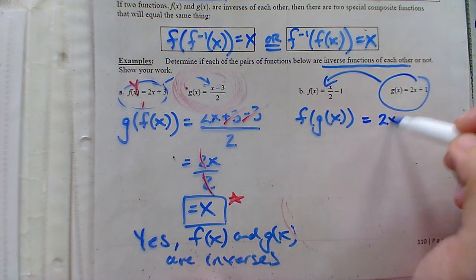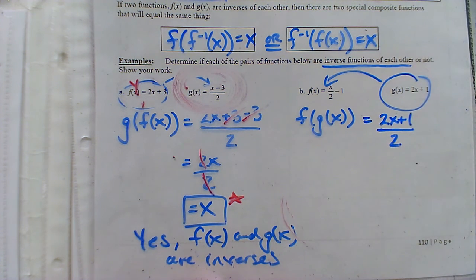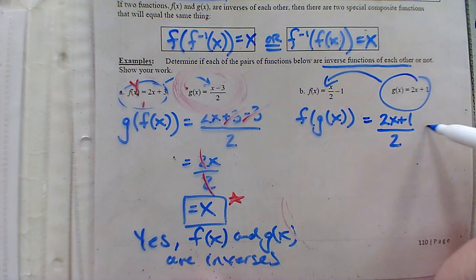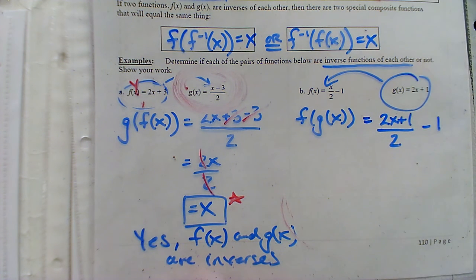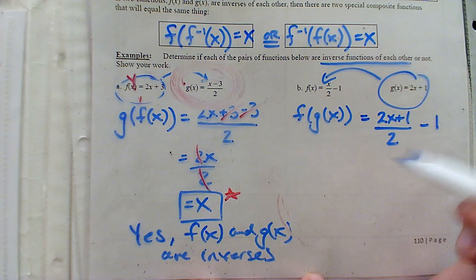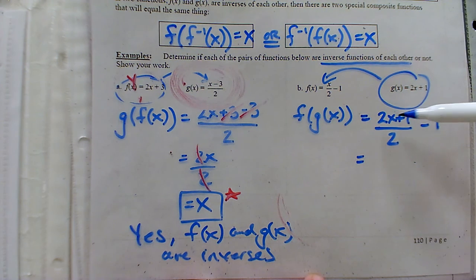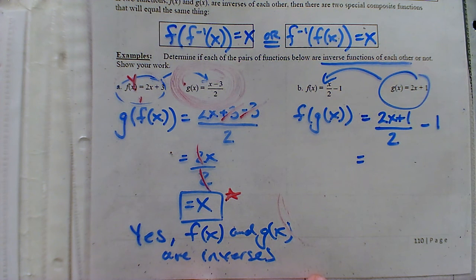So we would have 2x plus 1 all over 2, and then minus 1. Okay, let's see if we can simplify this. In this fraction, do you notice how you have two terms up top but only one down below?